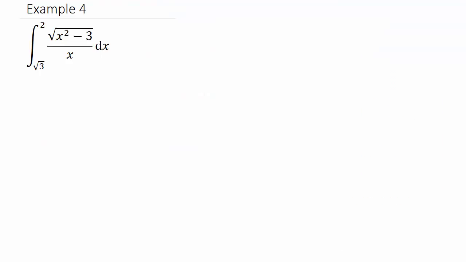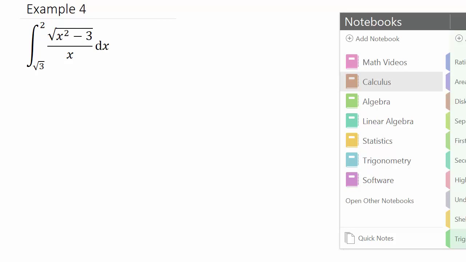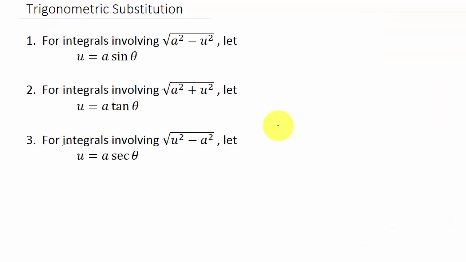Here we have the integral of the square root of x squared minus 3 over x dx, and we're evaluating it from square root of 3 to 2. Let's see which one we have. This is x squared minus 3, and you can see that's the square root of u squared minus a squared.